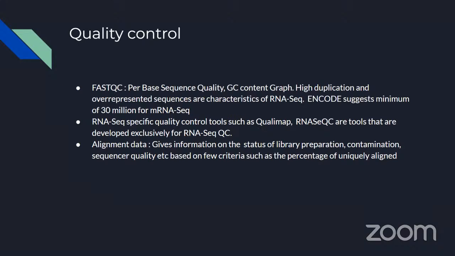You would want a lot of reads mapped to the UTRs, because the 3' UTR and 5' UTR are still not spliced out in the case of mRNA. So a lot of reads actually map to the 3' and 5' UTR.